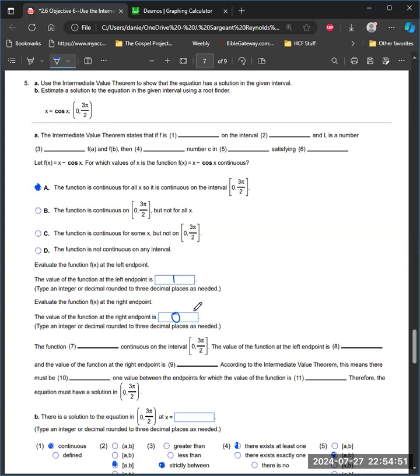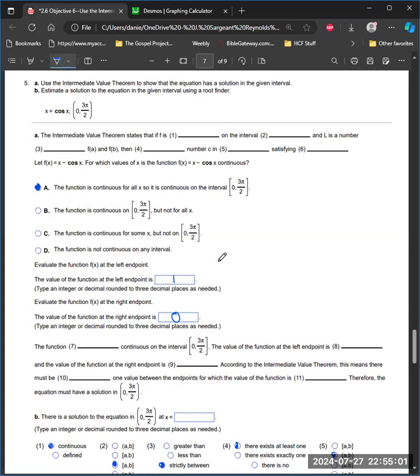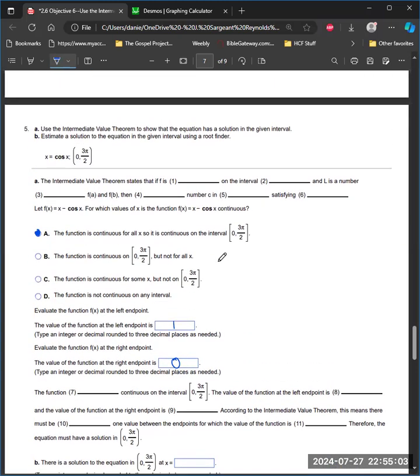So the function is, let's see, we're looking for x equals cosine of x. So we want a place where cosine of x equals x.